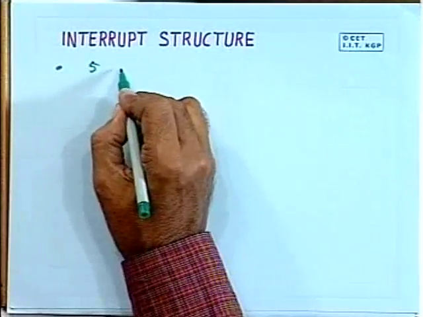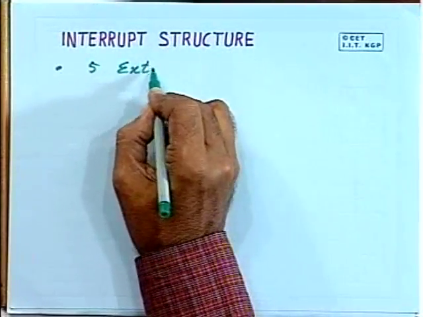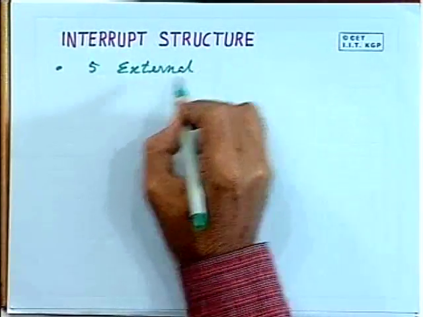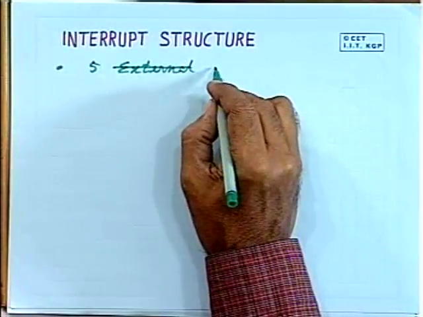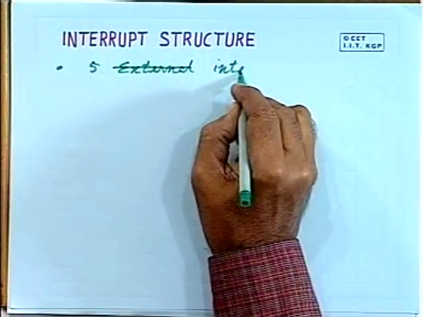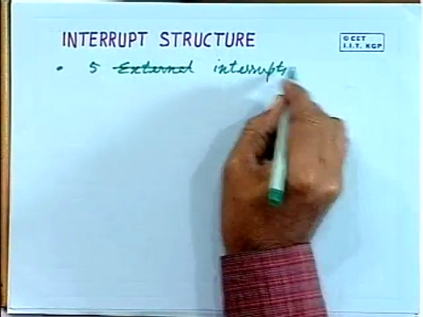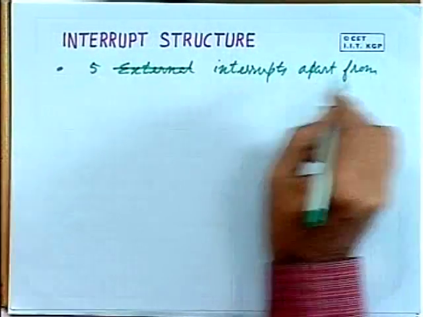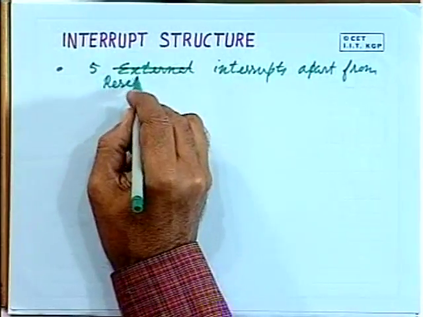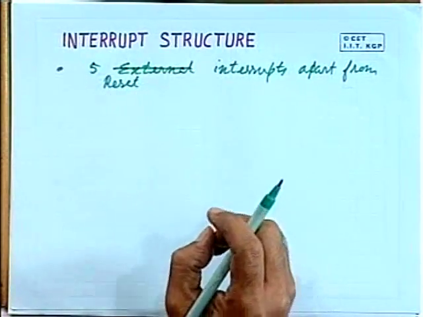So 8051 provides you 5 external interrupts. So I should not write external, we shall see that some of them are really internal also. 5 interrupts apart from reset. Sometimes the reset is also considered as an interrupt.